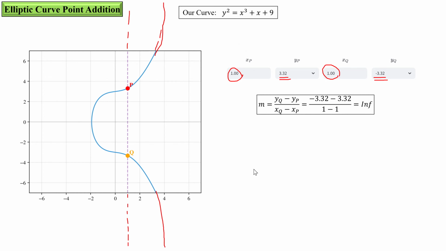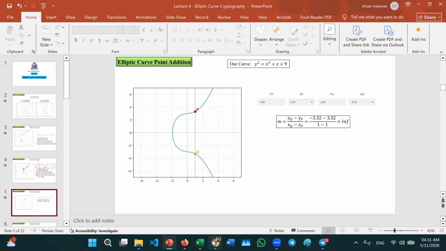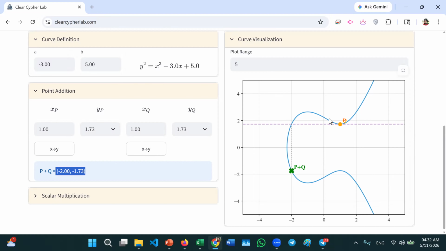And if you follow the formula to compute the slope, you will see that the value here is 0, and then the slope is infinite, right? So in this situation, we say that since the intersection happens at infinity, the addition of two points P and Q equals infinity. Okay, now let's see what we can see on the website.